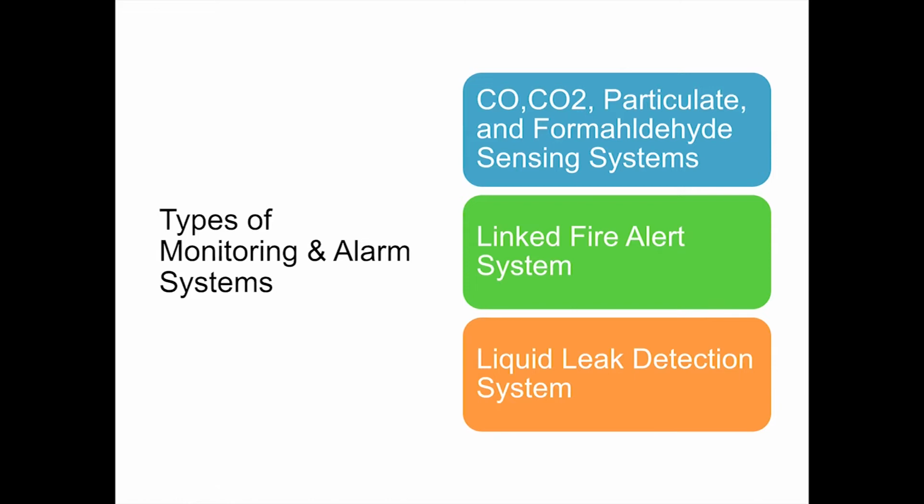Then we're going to be looking at an indoor car park, parking garage example for our CO and CO2 and particulate sensing system. And then finally, we're going to get into our liquid leak detection system.